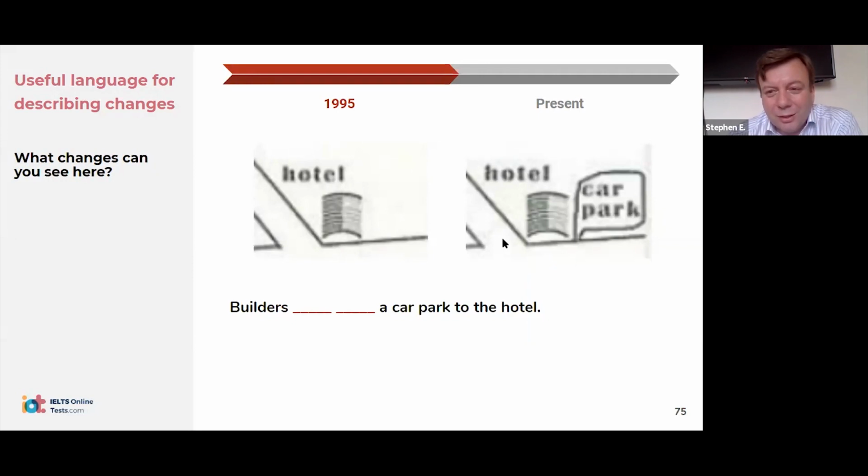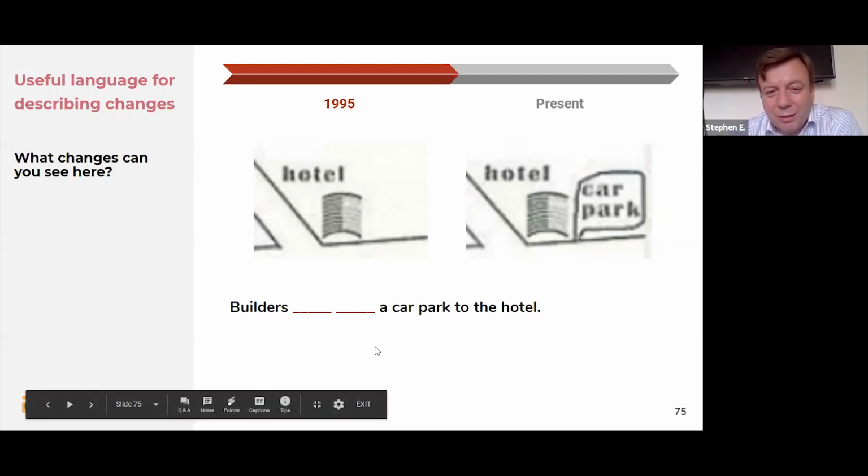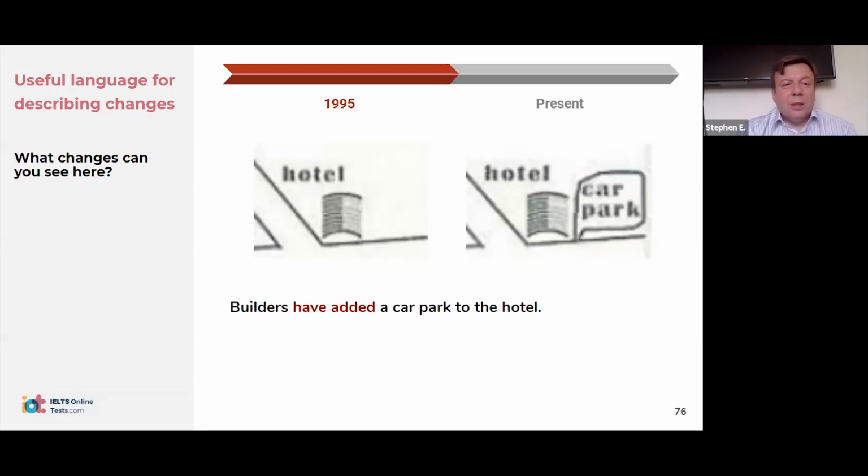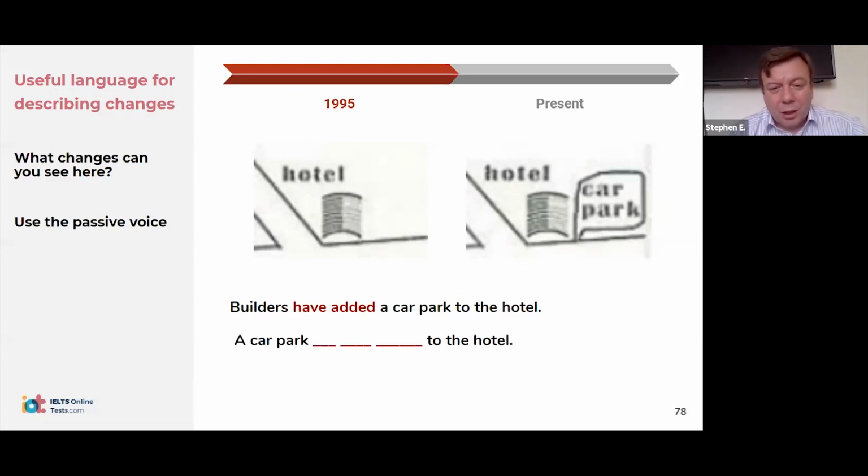Let's have a look. There seems to be a little delay on the messages. Construction of a car park added. Have built, okay. Have added, yeah. So let's see if we can change that into the passive then. A car park to the hotel. So change it into the passive. So Claire. Good.